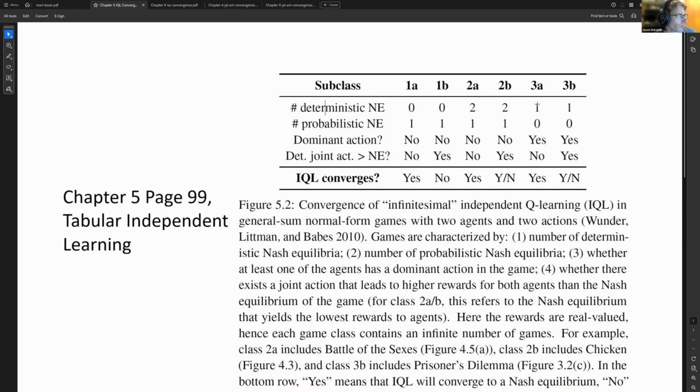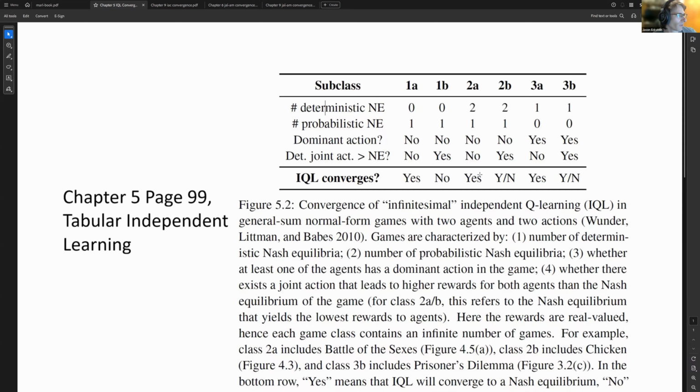This is probably the most straightforward case where there's one deterministic Nash equilibrium, and a dominant action just means that there's an action that is the best action for an agent regardless of what the other agents do. The challenge in multi-agent learning often is that your best action often does depend on other agents' actions in the problem. But if that's not the case, then this is guaranteed to converge here.